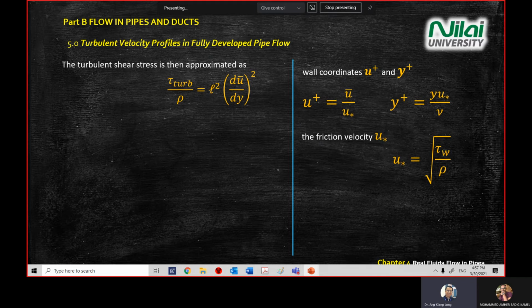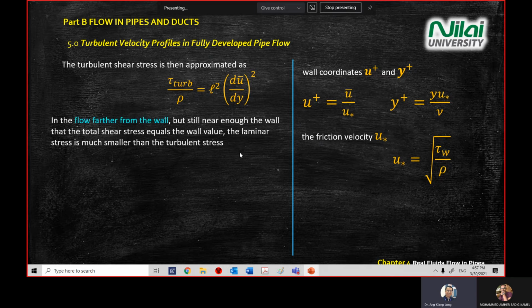At least in today's lecture, you have heard what a wall coordinate is, you know there is an equation for U plus and y plus, and you know how we define friction velocity. For friction velocity, we take the square root of the wall shear stress divided by density, then you put it into this equation.